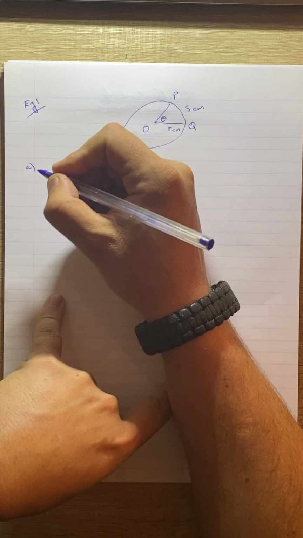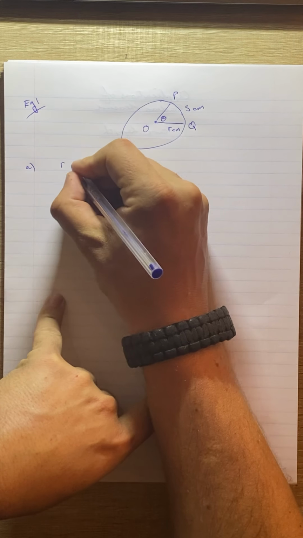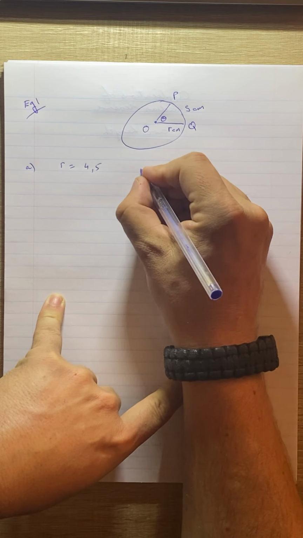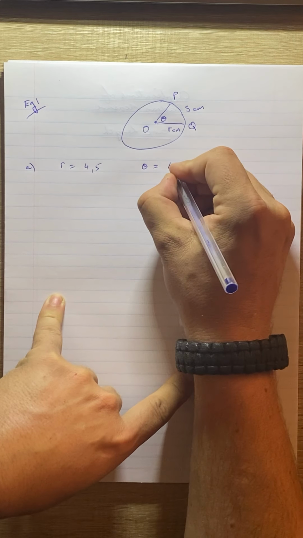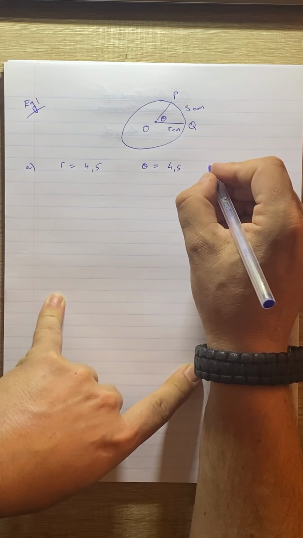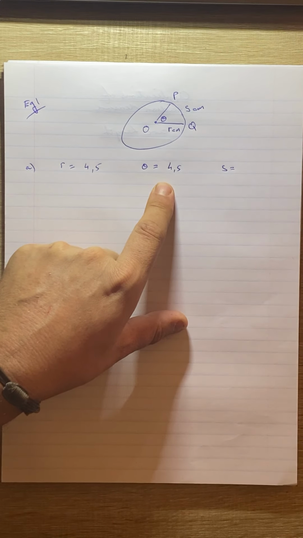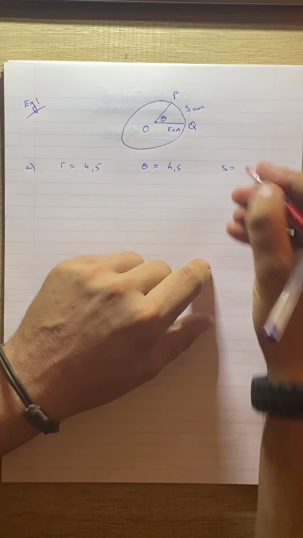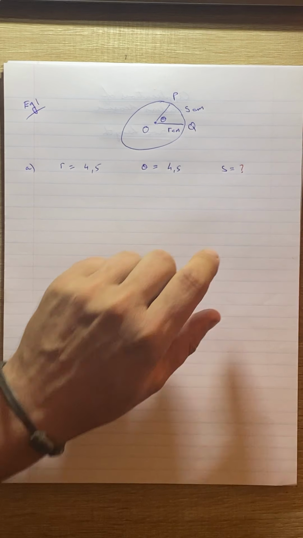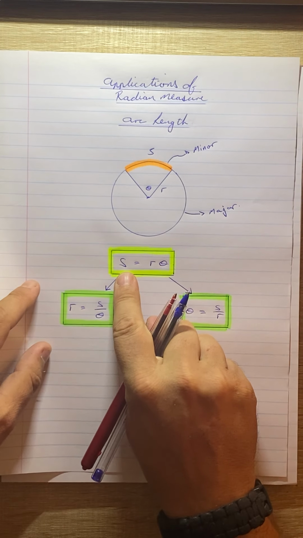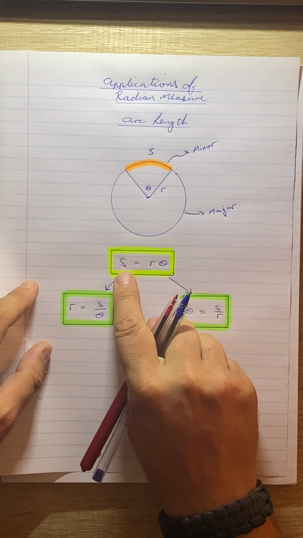Question A. So they've told us here that R is equal to 4.5. Theta is equal to 4.5. And the thing that we're missing here is S. So we need to calculate what S is equal to. Okay. So just coming back to our formulas here, this is the formula I'm going to be using because I need to work out what S is.